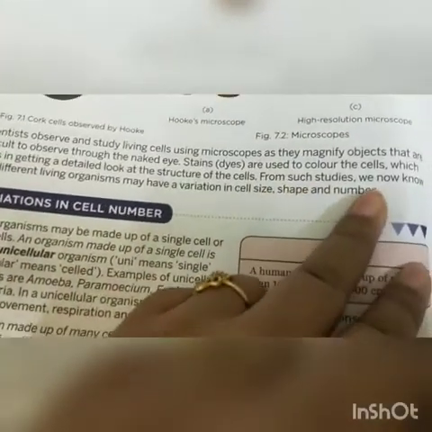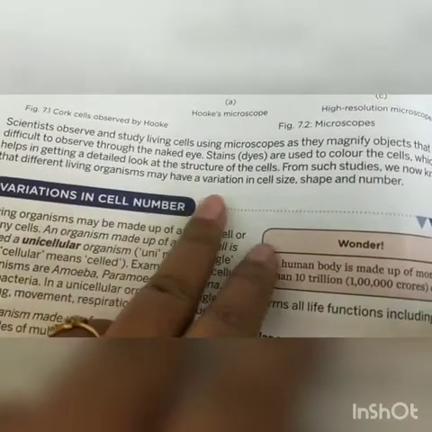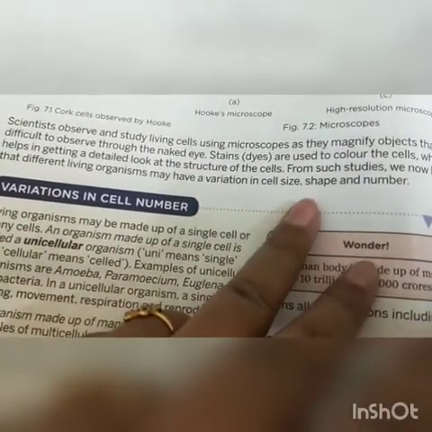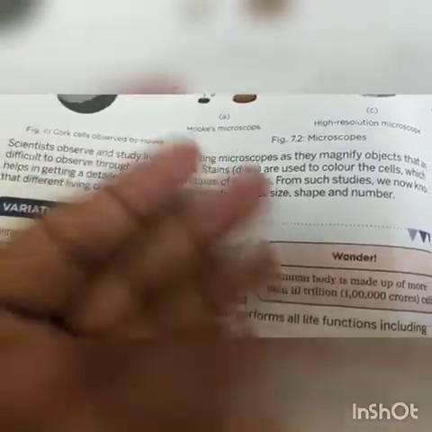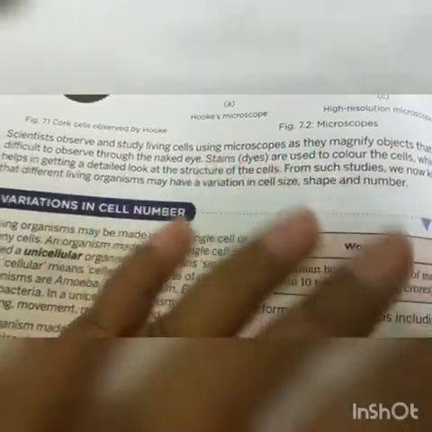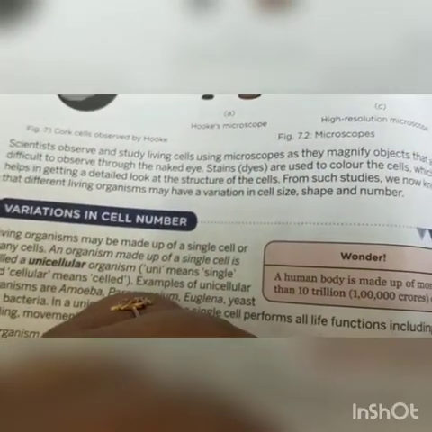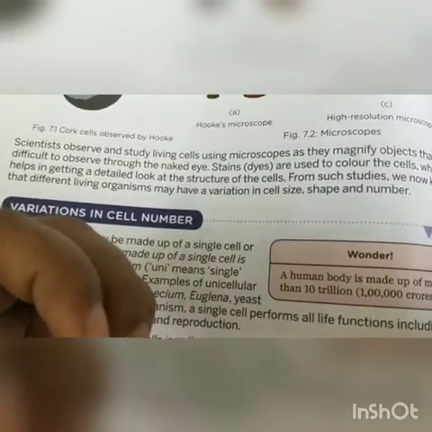From such studies, we know that different living organisms may have variation in cell size, shape, and number. So after studying under the microscope using a stain, we come to know that all different living organisms have variation in cells.